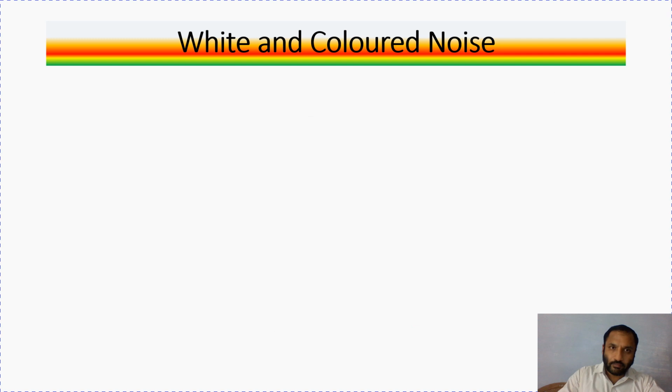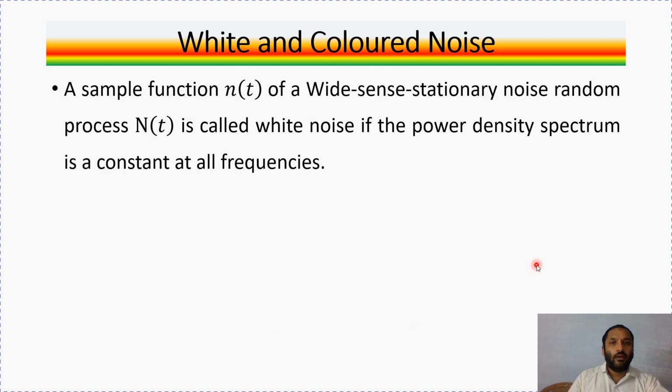Now here, white and colored noise. So whatever the process that we are going to study today, one process is called the white noise, and the second process is called the colored noise.